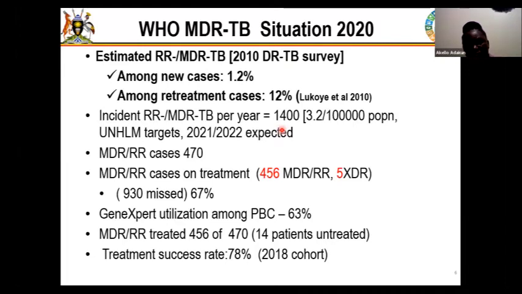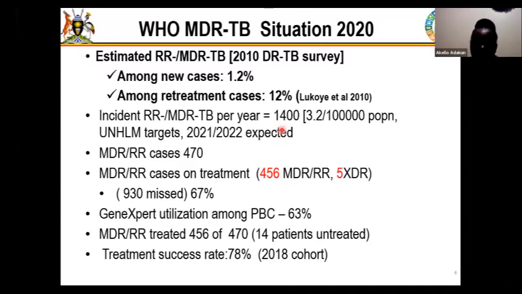And therefore, it calls for the Ministry of Health to conduct another survey to find out the actual burden in the community. However, based on these figures, at the UN high-level meeting held in 2019, the expected burden of MDR in Uganda should be at least 1,400 patients.